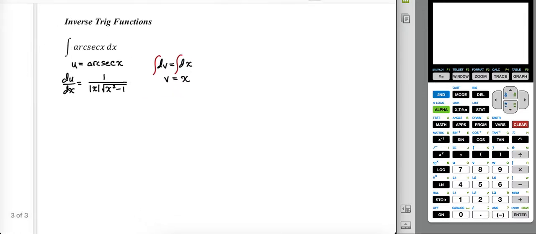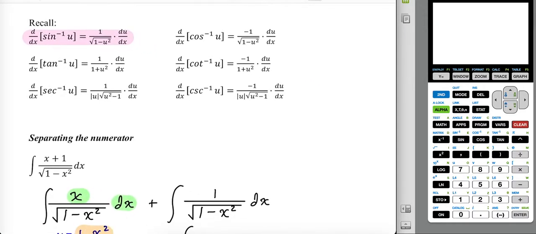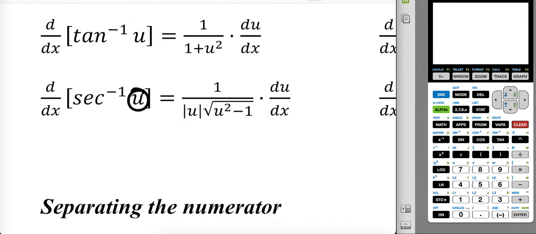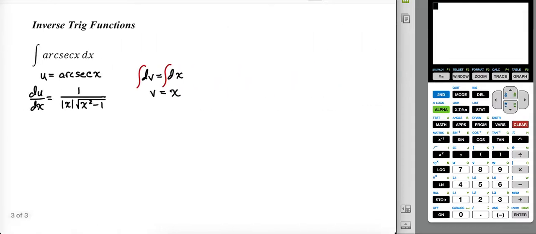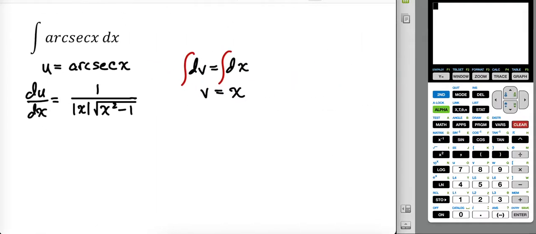That goes back to this relationship here, except I'm saying that the u is really the x. So the derivative of x would be 1. So x, and then there you have it. So we got all that going on.